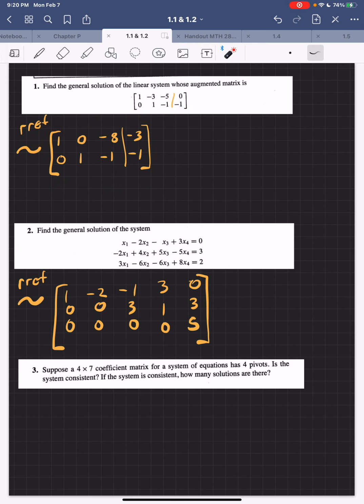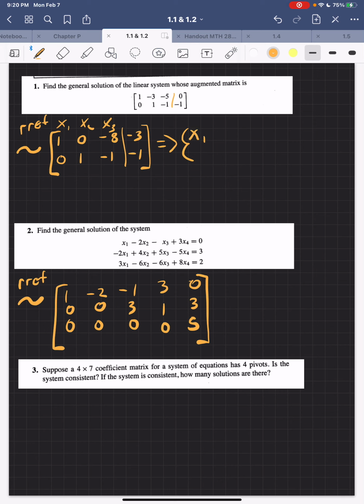Now, remember, if you want the general solution, you've got to go from the matrix back to a system of equations. So now we have x sub 1, x sub 2, x sub 3. Let's translate this back to equation form.